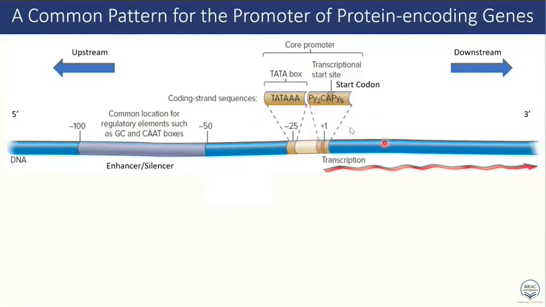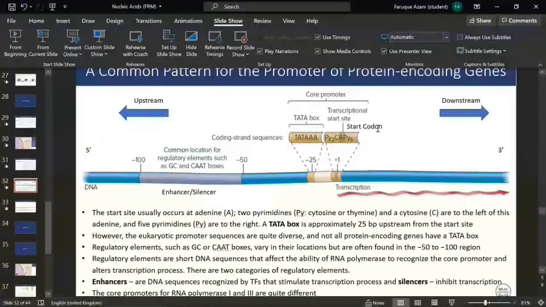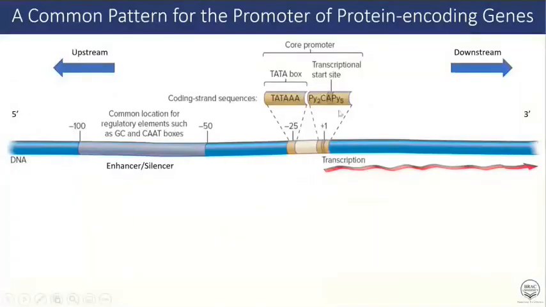And then the promoter region has another part, the transcriptional start site. This transcriptional start site is not precise, and that would be problematic. So the promoter contains the transcriptional start site and the TATA box.